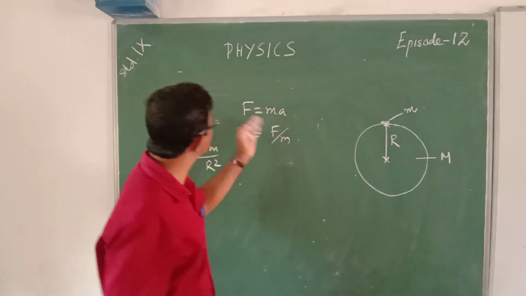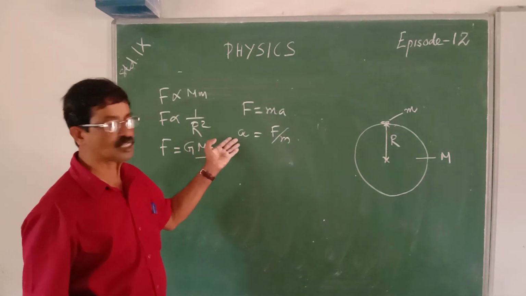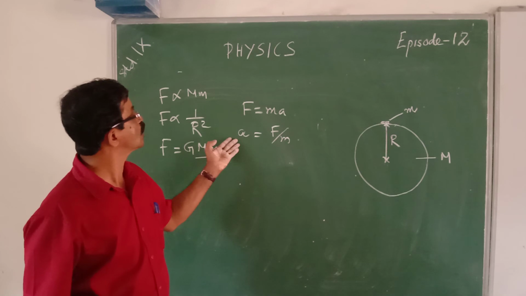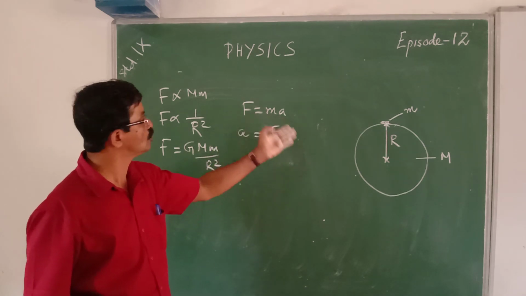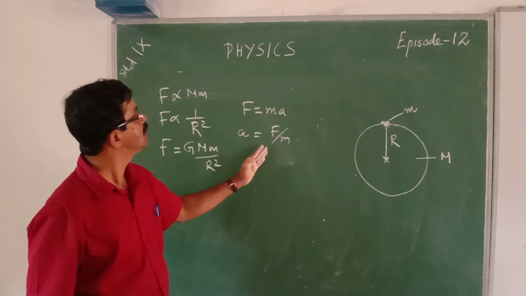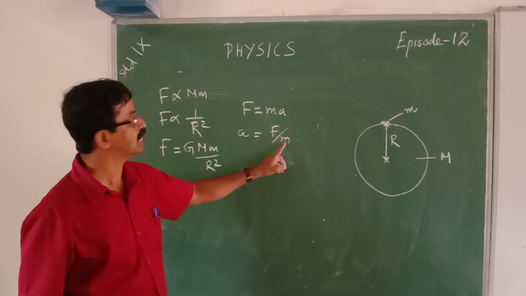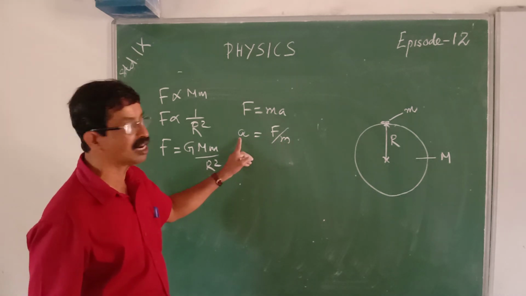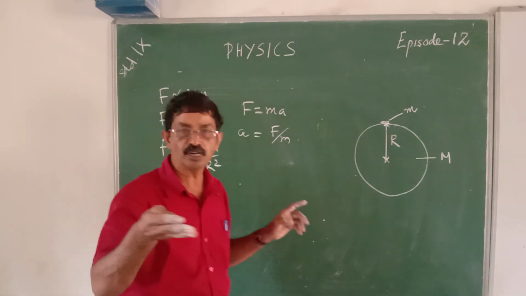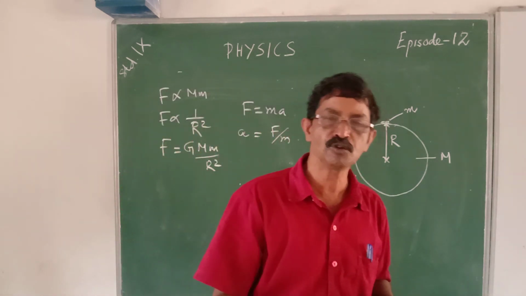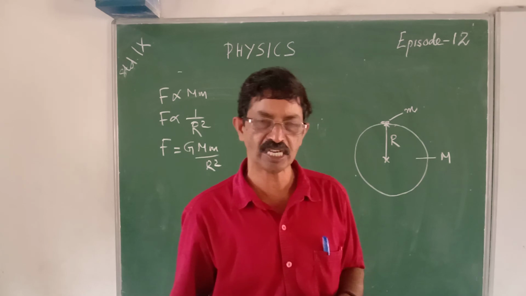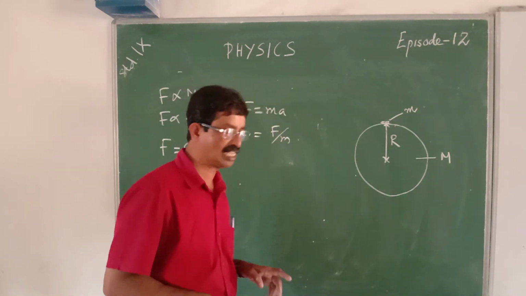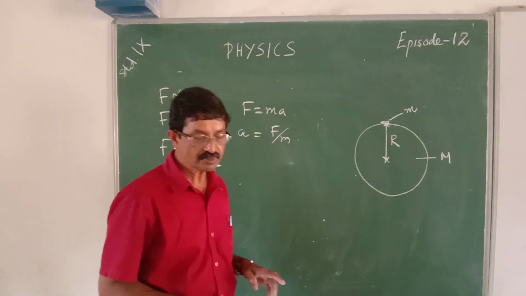Because of that ratio of force to mass, the earth's acceleration is very small, but the stone or apple accelerates too much compared to the earth. Because of that they fall down.